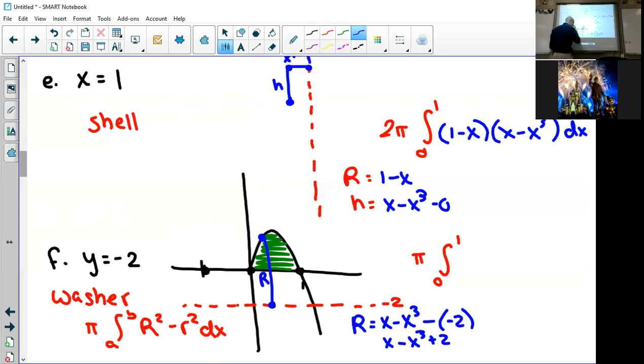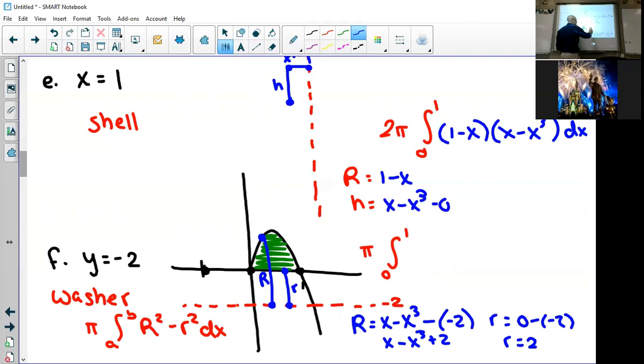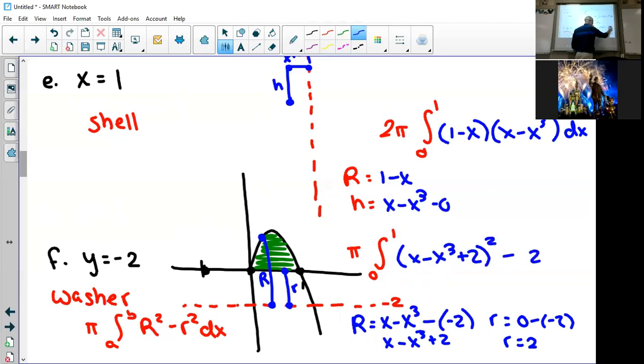And little r, we start on that axis, go up until we hit the first line. So little r is top minus bottom, 0 minus -2, which just gives us +2. So if we put all that together, we get big R squared, x minus x cubed plus 2, squared, minus little r squared, and then dx.